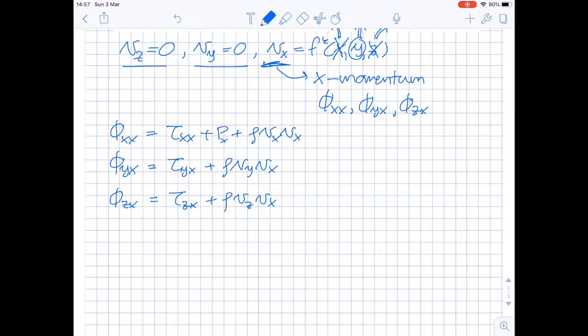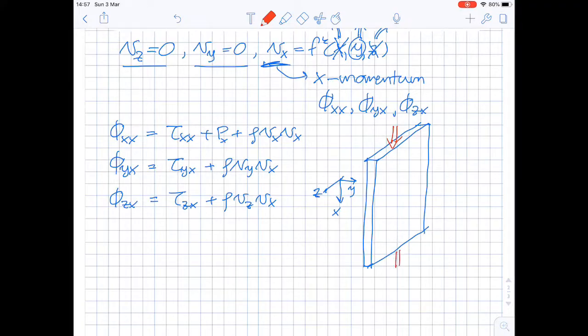If we draw a shell again, this is the z direction, x direction, y direction. Now the direction of the transfer goes along each direction. So for Φxx, it is transferring in the x direction.